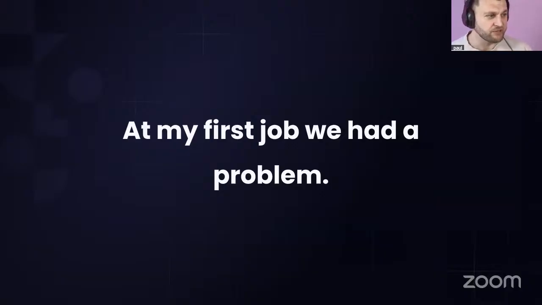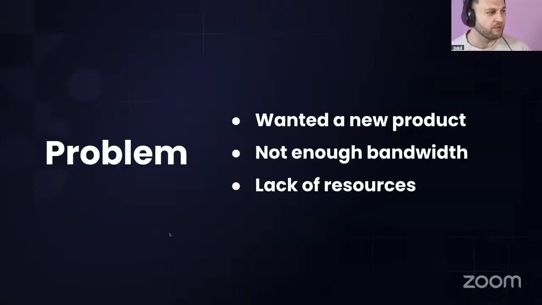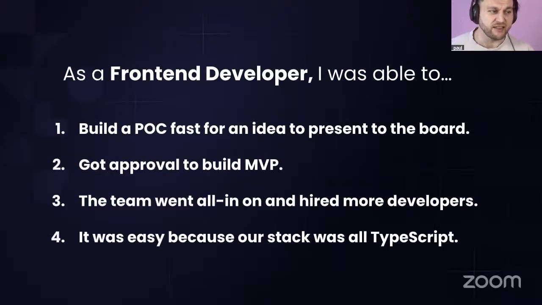At my first job as a junior developer, we had a problem. My CEO at the time wanted to create this product, but they didn't have enough bandwidth because this was a financial agency. They had a lot of senior engineers who were Python developers, and he literally couldn't pull them away from doing very critical tasks to try a new idea, right? And so what I proposed is let me build a POC.